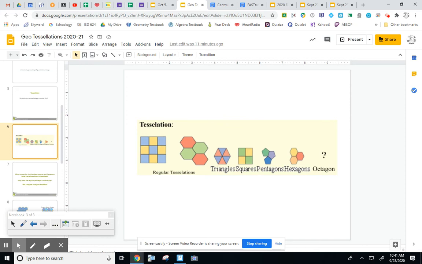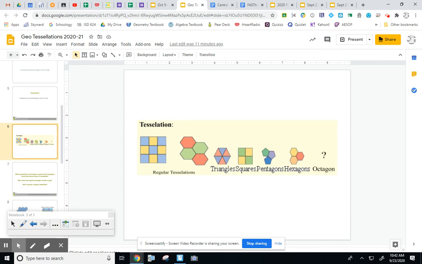Hexagons tessellate nicely, they all fit together. If you think of like a honeycomb, like a bee's nest, or like a soccer ball, you'll see hexagons, they all fit together nicely. And then also triangles. Triangles fit together nicely as well.